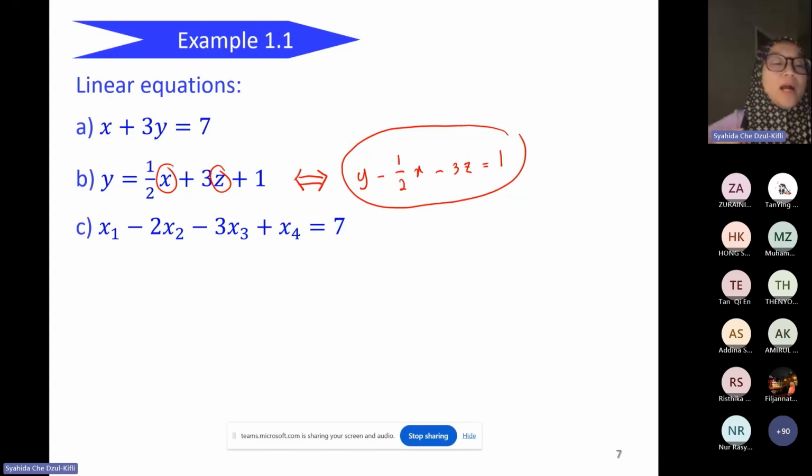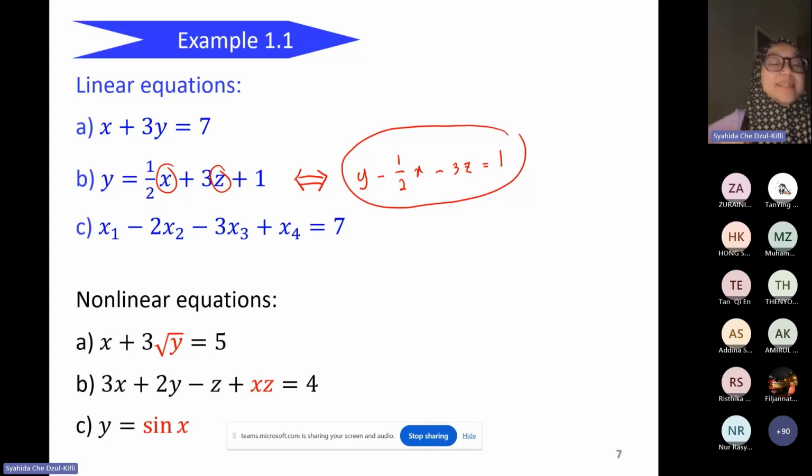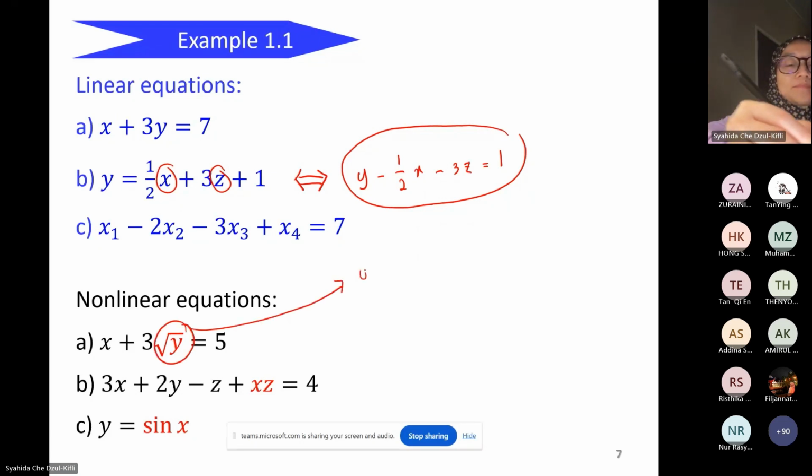Okay, now non-linear equations. Some equations are not linear. Why is A not linear? Because on the left hand side, the power of y is half, that is, y to the power of half.